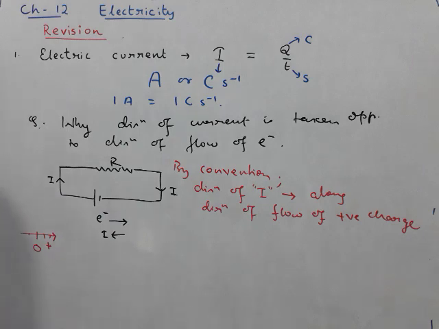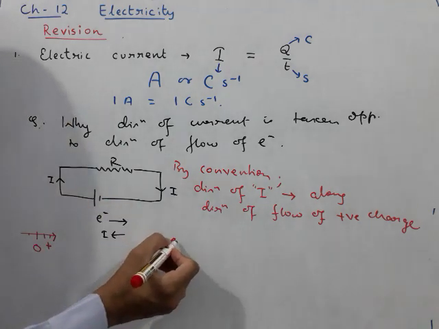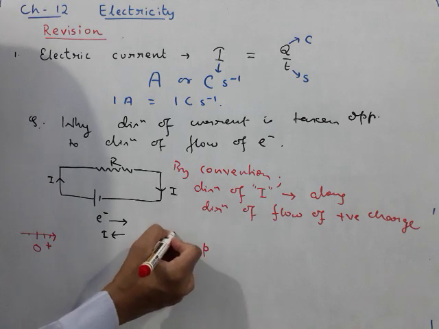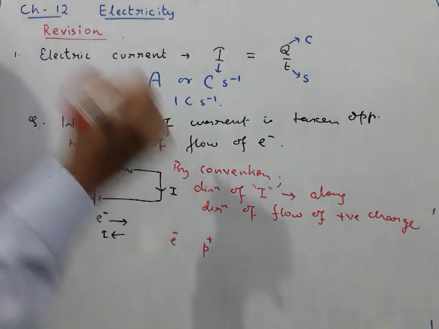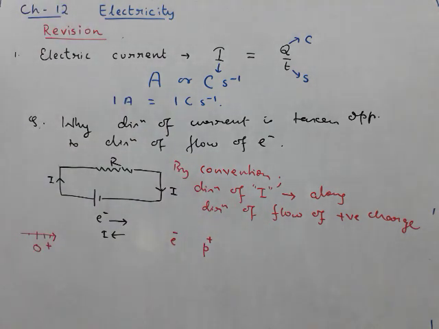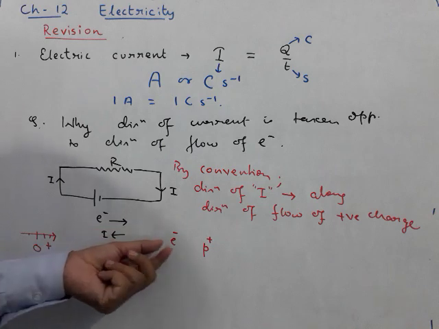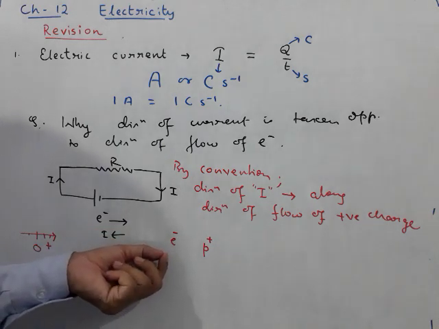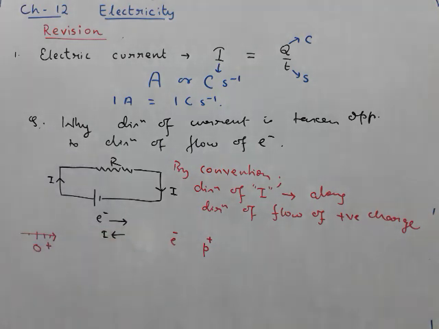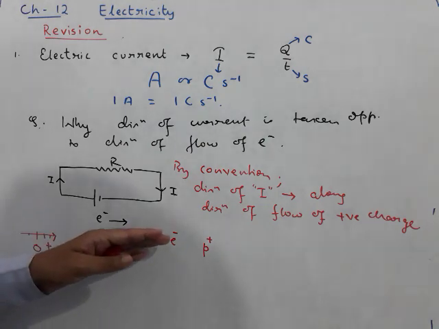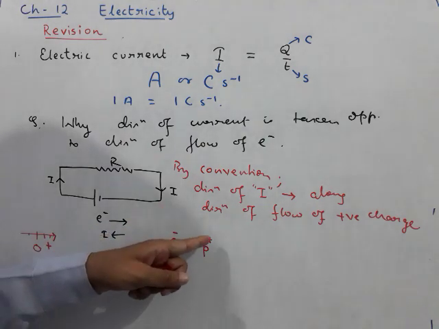Again, if somebody asks why is electron negatively charged and why is proton positively charged, again nobody can answer why. It is just a matter of convention. Electron was initially given a charge negative and proton is given positive.